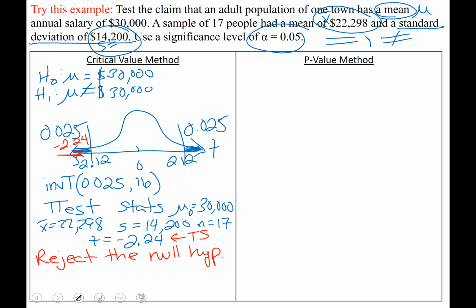Time to write our conclusion. We always start with the word there. Decision number 1, you have to say is or is not. When we reject the null hypothesis, we say there is. Then we write evidence to, and now it's time for the second blank.